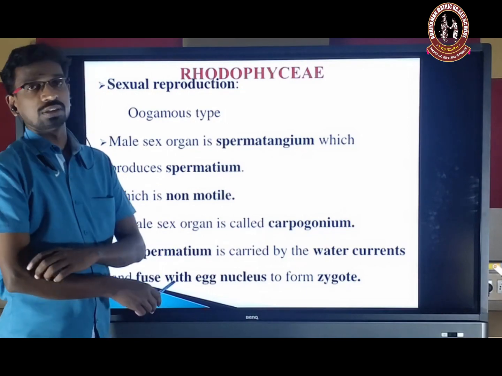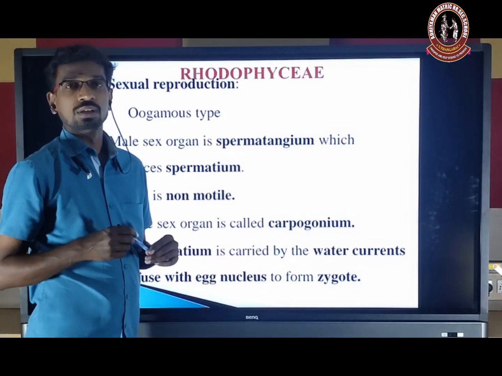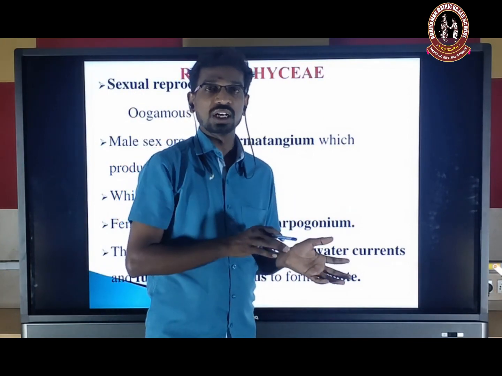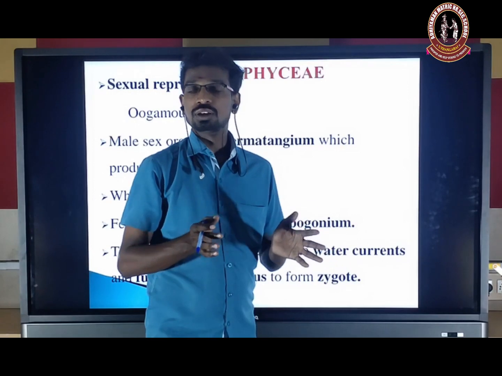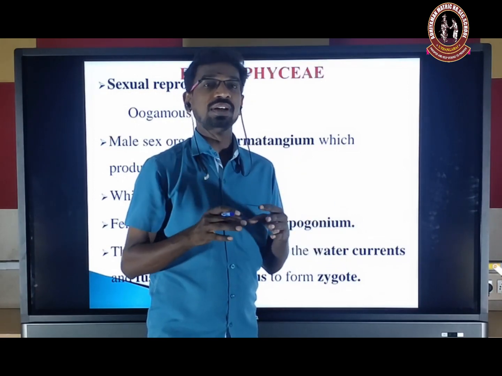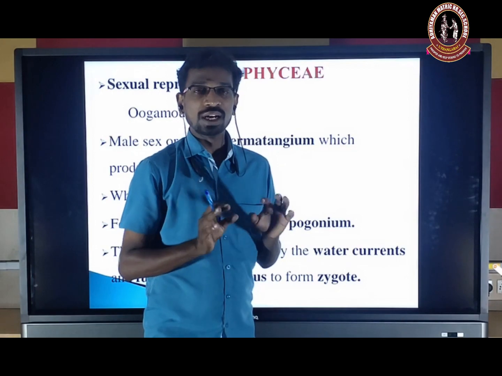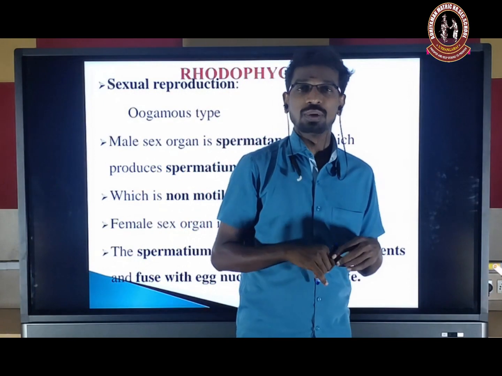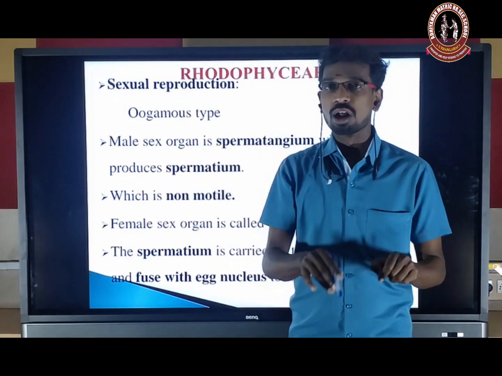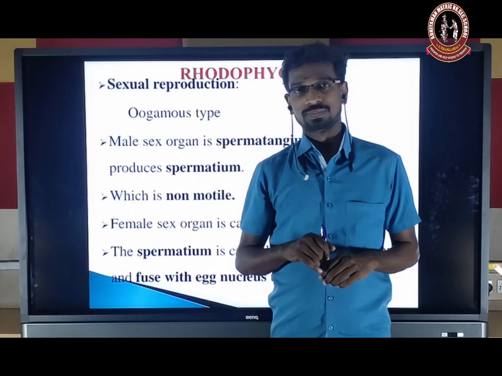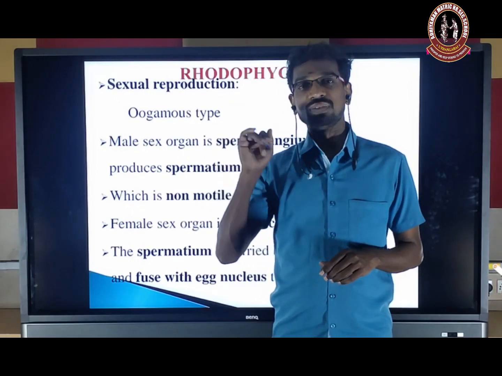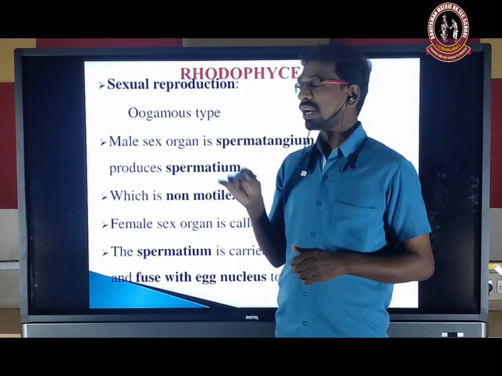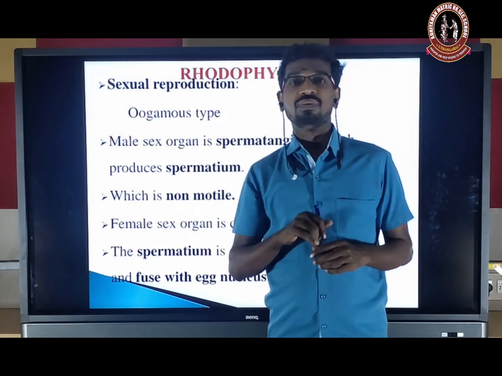Sexual reproduction is oogamous. Oogamous means the male and female gametes are morphologically and physiologically dissimilar: the female gamete is very large, and the male gamete is very small. But here is one exception. Mostly in oogamy the male gamete is motile, but in Rhodophyceae the male gamete is non-motile.